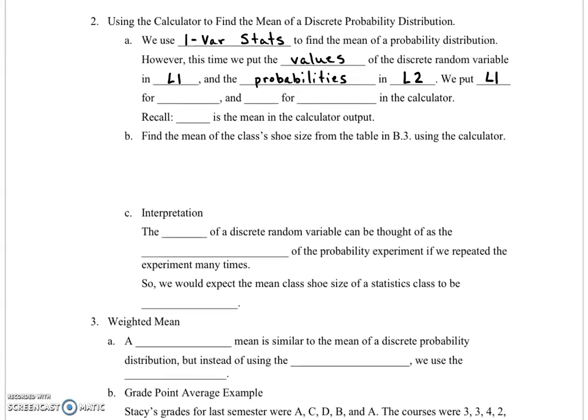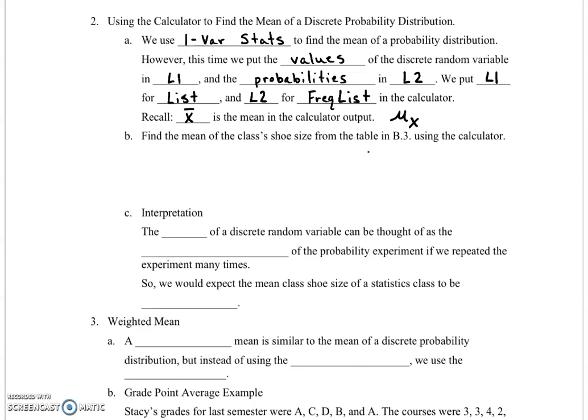Then we make sure that we have L1 where it says list, and we make sure it has L2 where it says freq list, which is short for frequency list. And remember, the calculator will tell us that the mean is X bar, but we're going to use the symbol mu sub X when we do this. So it's important to know that the calculator notation is different from the mathematical notation we use.